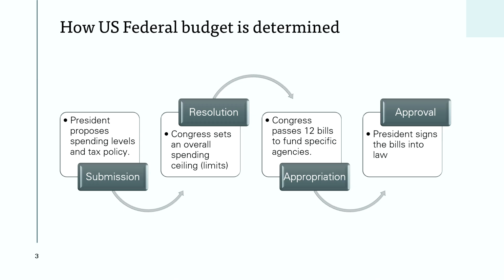Both the House and Senate must pass the budget legislation, and the president signs it into law. Throughout this process, political negotiation plays a major role, and the final budget reflects the compromise among economic goals, political priorities, and constraints.